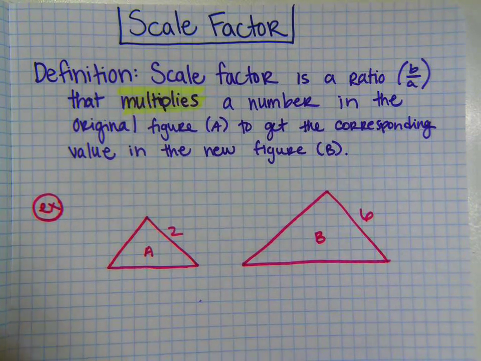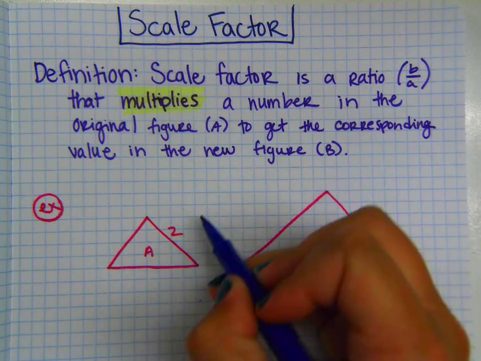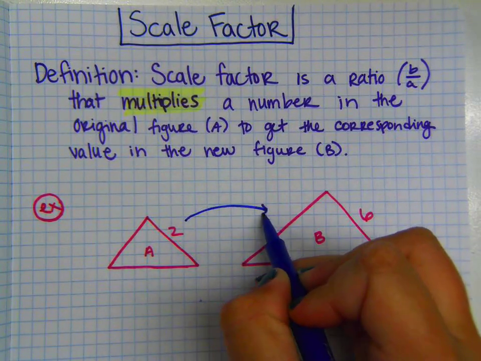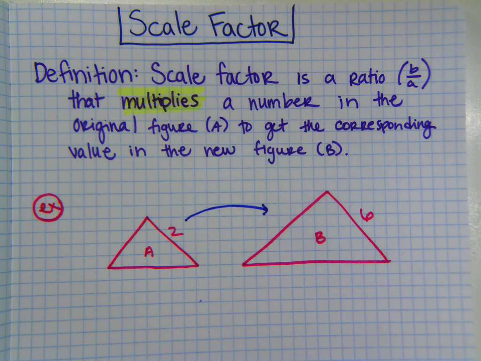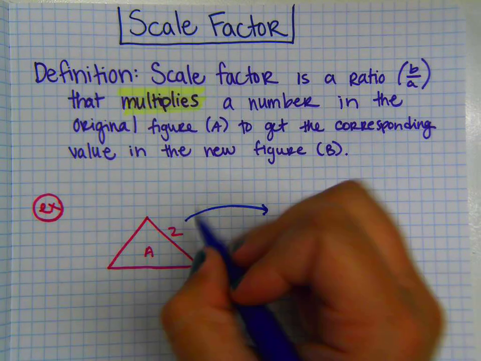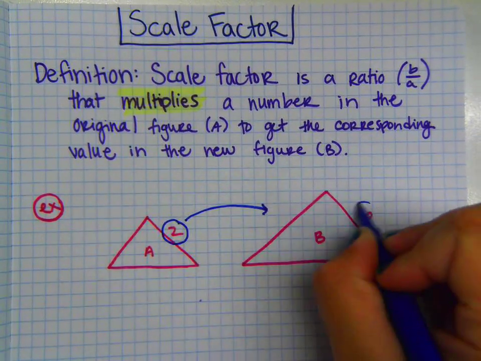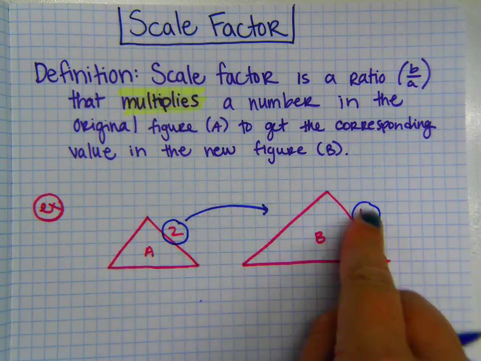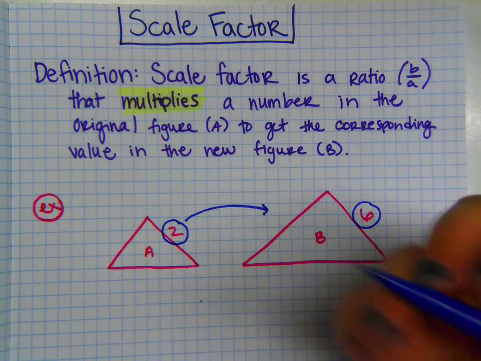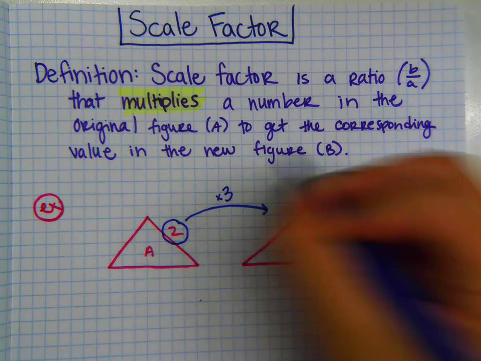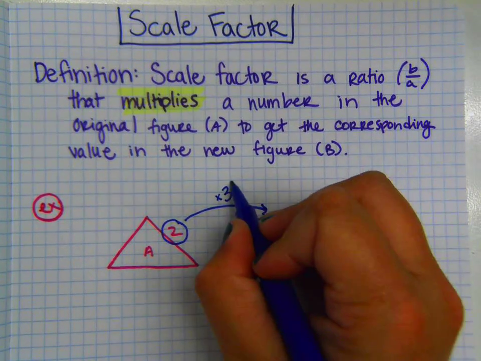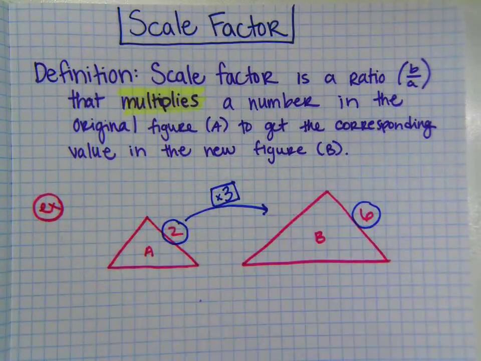So if I'm telling you that there's a number that takes A and you multiply it and you get the B side, let's just think about it for a second. We have a 2 and we have a 6. Well, 2 times what gives me 6? 2 times 3 gives you 6. So 3 is actually that scale factor.